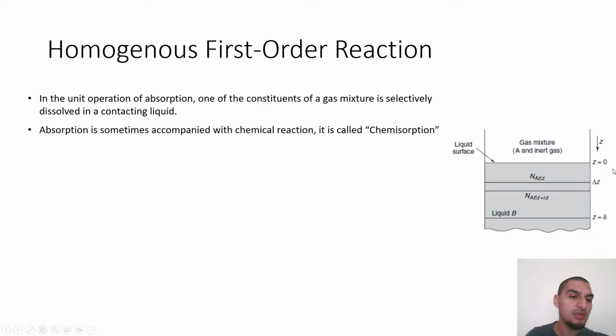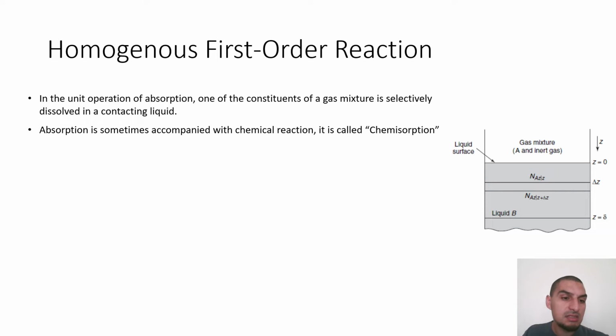So let's say this gas mixture is air, which is the inert gas, and sulfur oxide, which is a contaminant, and you want to get rid of this contaminant, so you contact it with an absorbent which dissolves the sulfur oxide. So sulfur oxide will dissolve and will have high concentration on this side, low concentration on this side, so it's diffusing inside towards the bulk of the solvent.